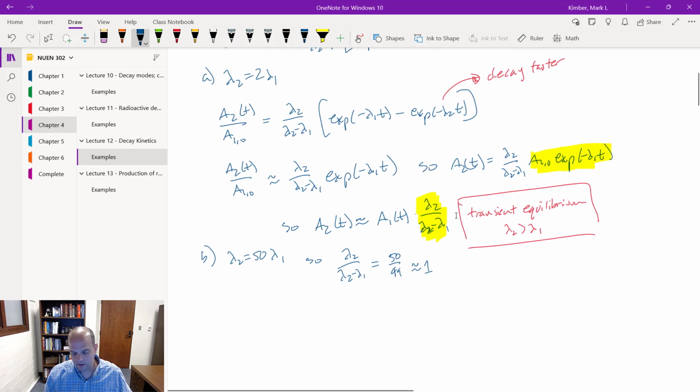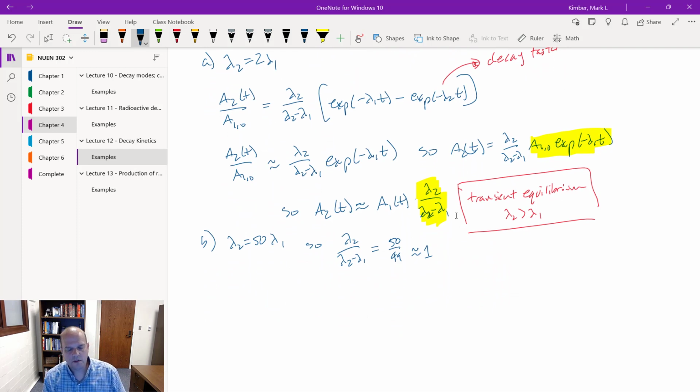The bigger that difference becomes, then the closer that is to 1. And so if I'm off by a few orders of magnitude, I've got 2,000 over 1,999. And at some point, we should be comfortable just calling that 1. And so in this case, if I have lambda 2 much greater than lambda 1, then my activities are going to be approximately equal to each other.